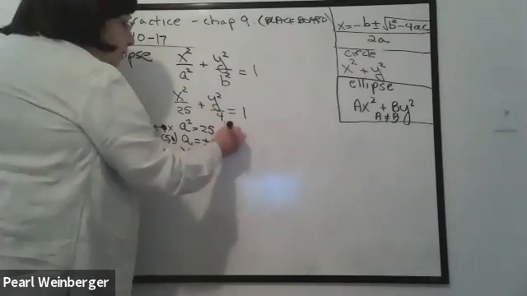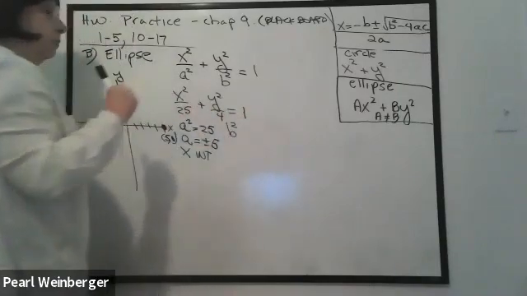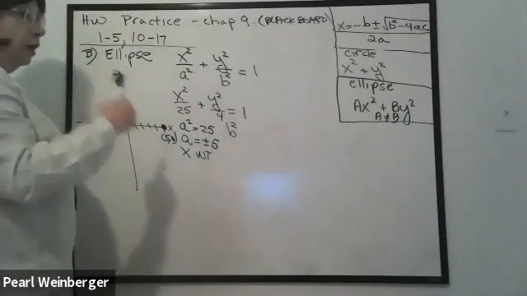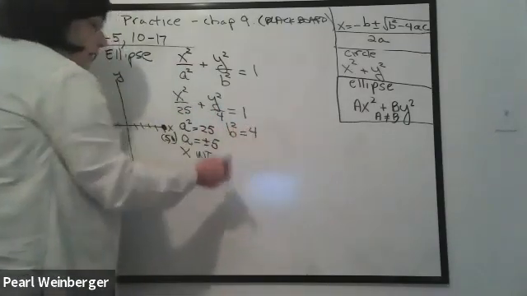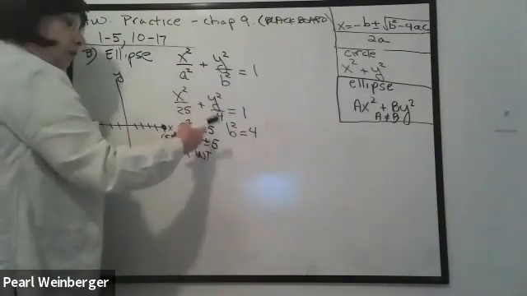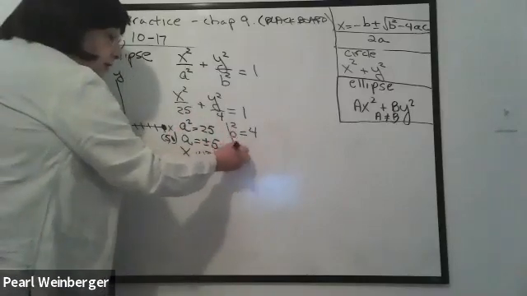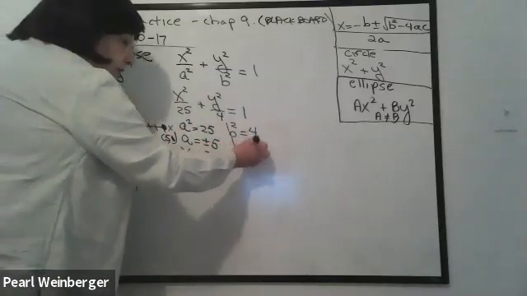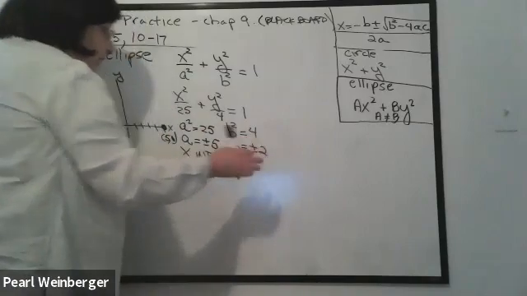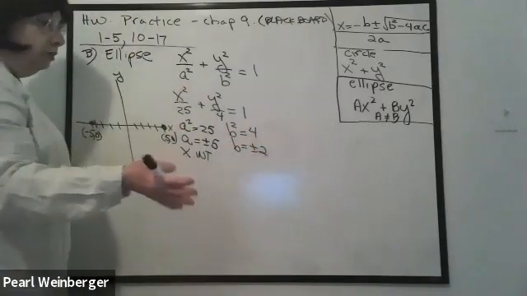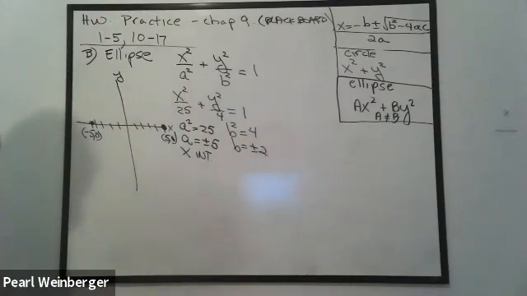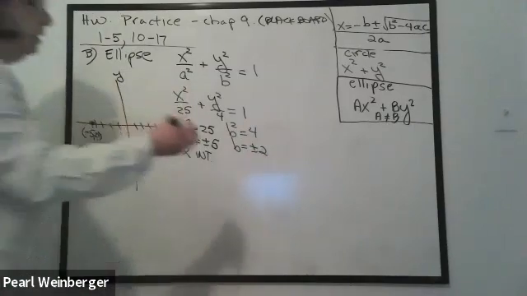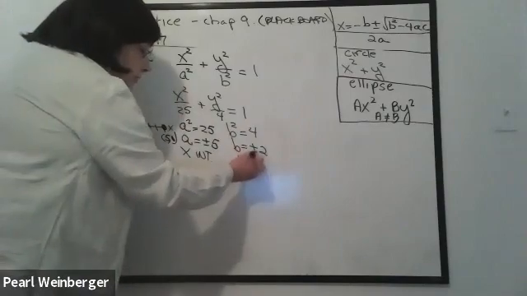The b squared is the number that's underneath the y squared. So the b squared in this case is 4. Now, just like we figured out the a, we can figure out the b. The b then has to be either plus or minus 2. 2 squared is 4, negative 2 squared is 4. What is the significance of the b? The b is the y-intercept.